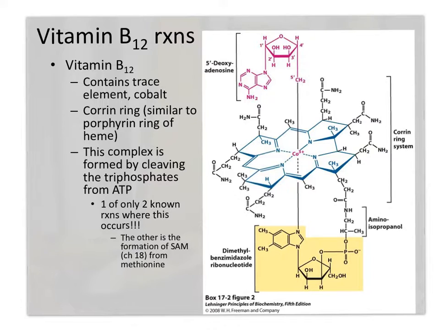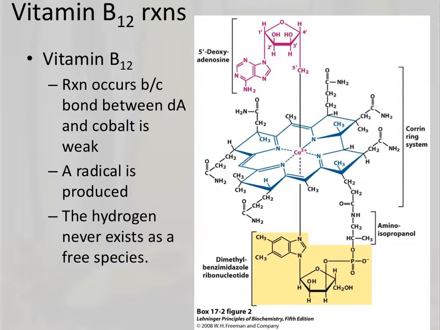So this is what it looks like overall. We have the attached deoxyadenosine right here. We have the corrin ring system, and then we have what's going to be this instance right there. This is a ribonucleotide, but they're just showing you as one that's being an analog to show you what it looks like. Okay.